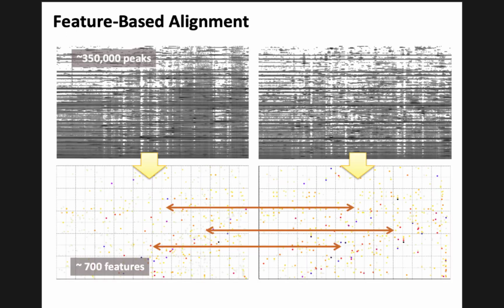So rather than trying to figure out which of these 350,000 peaks here corresponds to which peak here in the original spectra, you do the feature finding, and suddenly you have only like 10,000 dots on the left-hand side and 10,000 dots on the right-hand side, and that makes it a lot easier. Of course, looking at these maps, if you would do that manually, it's not totally obvious that this dot here would correspond to the same dot on the second map.